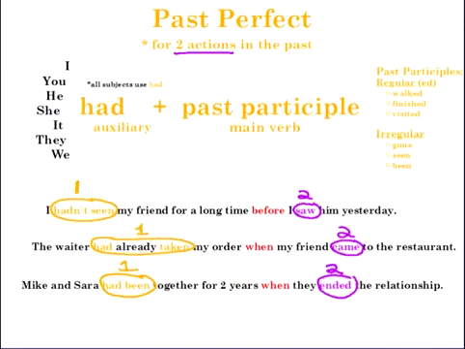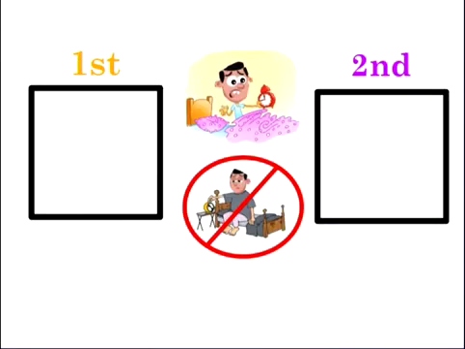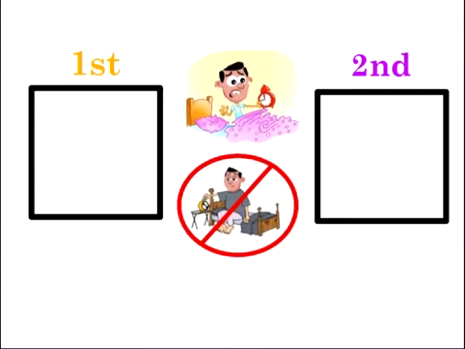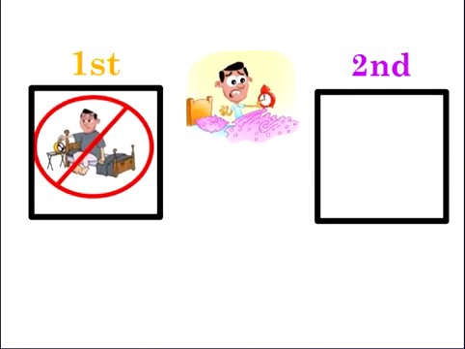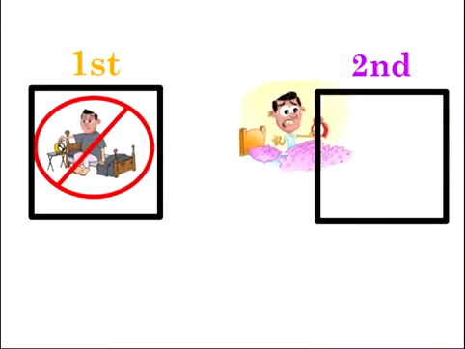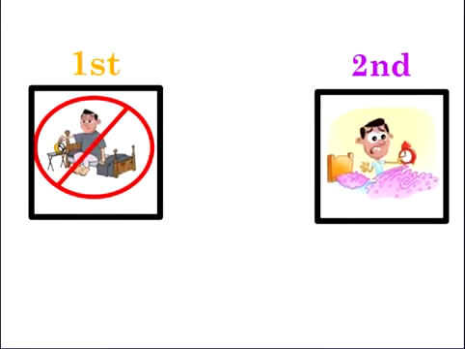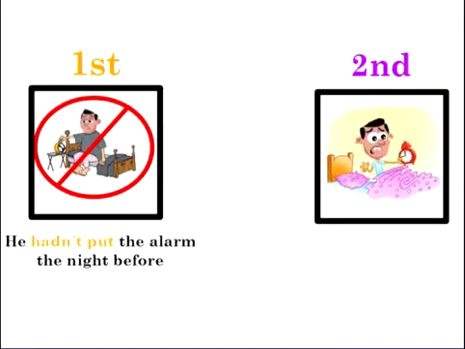Okay? Let's look at some more examples to maybe visualize how we use the past perfect. Okay, again, two situations. Which situation happened first? Well, if he woke up early, maybe it's because he didn't set his alarm, right? Or he didn't put his alarm. So I'm going to say that happened first, and this happened second. So if I'm going to use my grammar in the correct way, I'd say something like this.